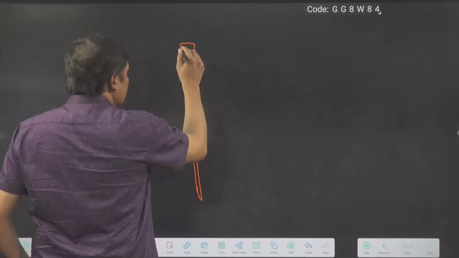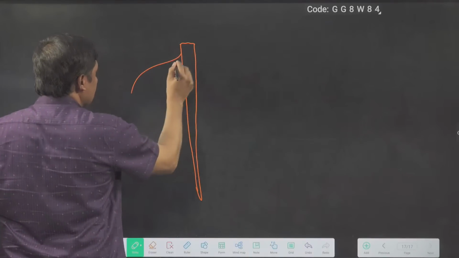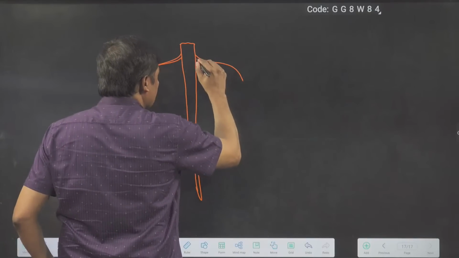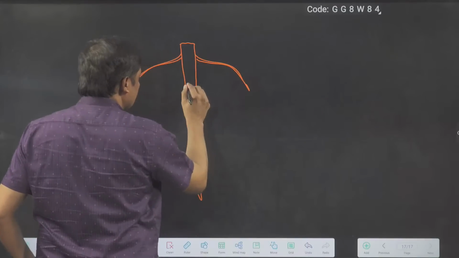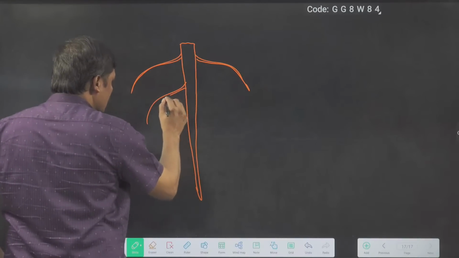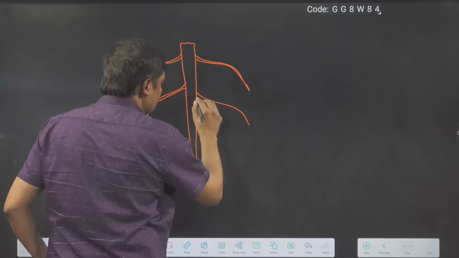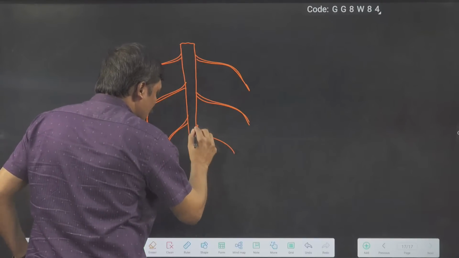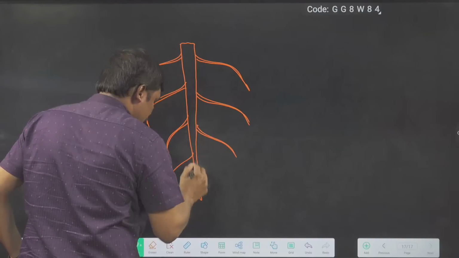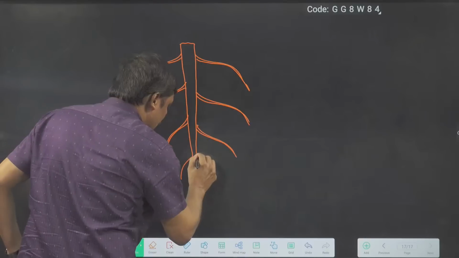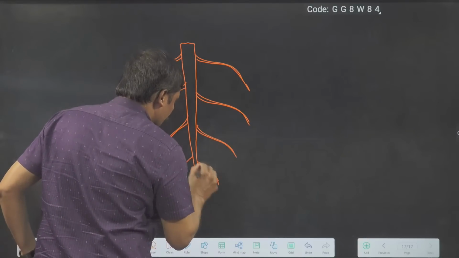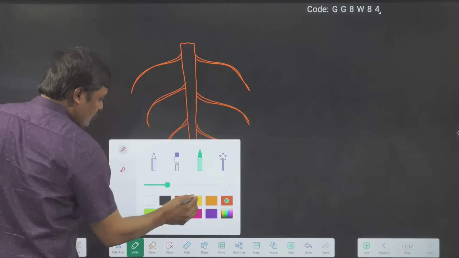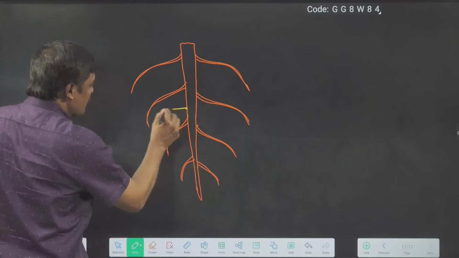And this primary root produces roots of several orders. First order roots, second order roots, third order roots, etc. Or you can say secondary root, tertiary root, etc. All of you see. This is primary root.